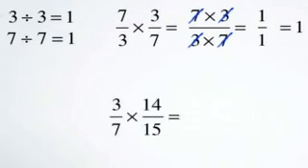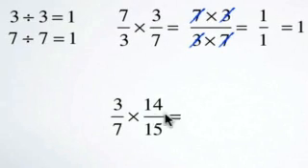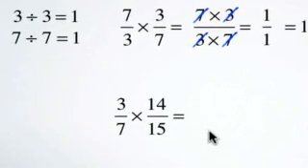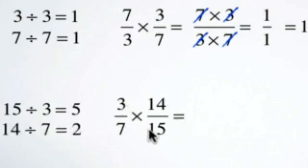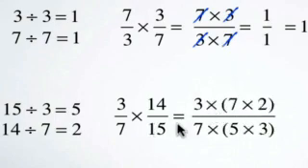Okay, so now let's look at the example, 3 over 7 times 14 over 15. 15 divided by 3 is 5, and 14 divided by 7 is 2. We don't have the same number top and bottom that we can cancel out like we did in the previous examples, but we do have divisions that will work. So instead of writing 14, I'm going to write 7 times 2.